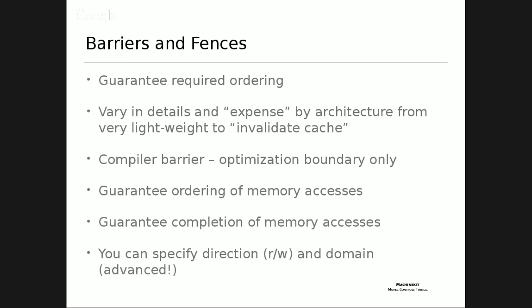So to fix this, there are barriers and fences. You use these to guarantee the ordering that you expect and that you need for your program to run properly. These all vary by system and architecture in terms of what you have available, which sorts of barriers and instructions you have available, and how expensive they are. On the x86 system, a lot of barrier instructions are essentially free because the x86 system is strongly ordered.